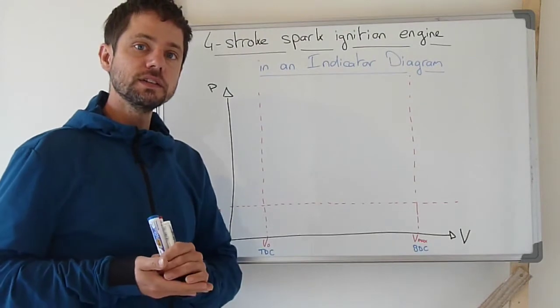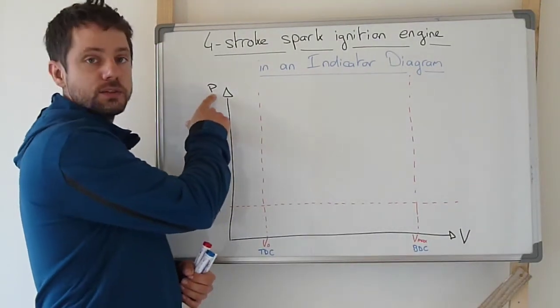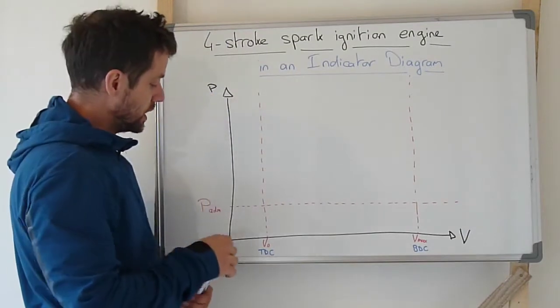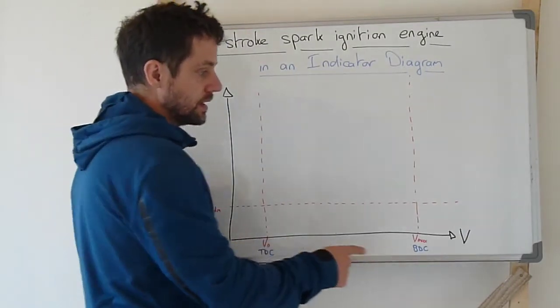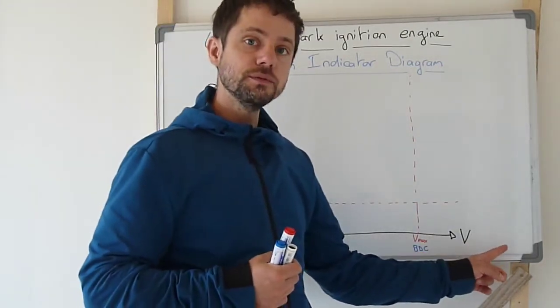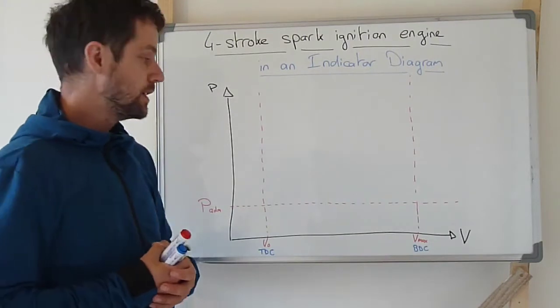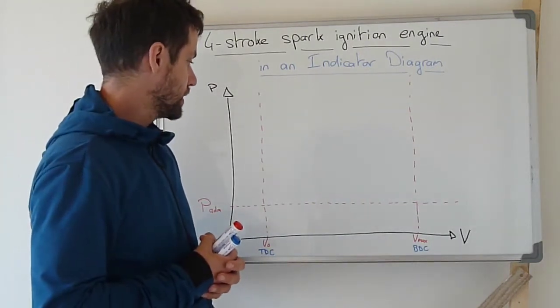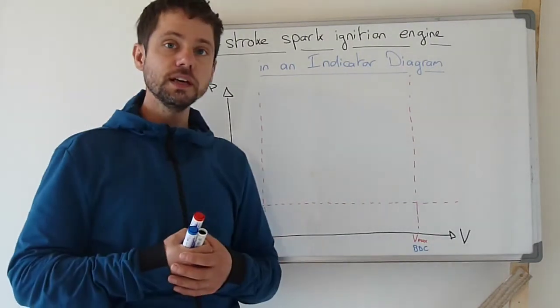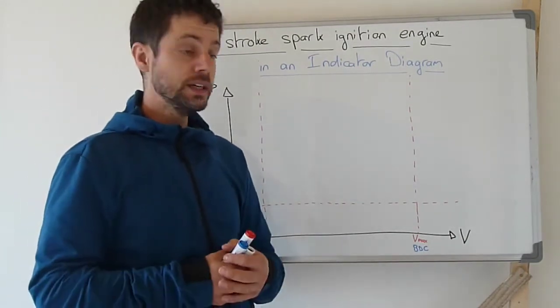The indicator diagram is a diagram with pressure as the y-axis and volume as the x-axis. Here we don't have the specific volume like in a Clapeyron diagram, but the total volume inside the cylinder. So in such a diagram we can already plot a few values.